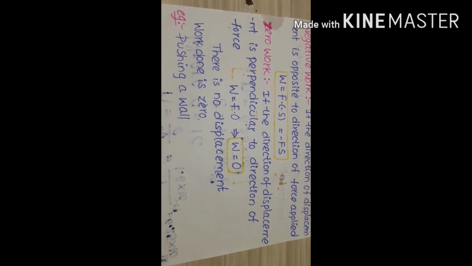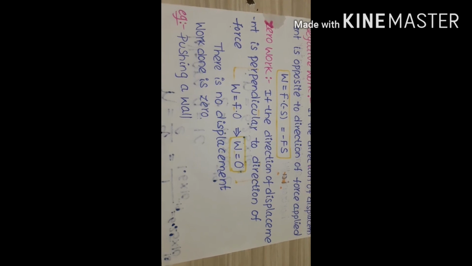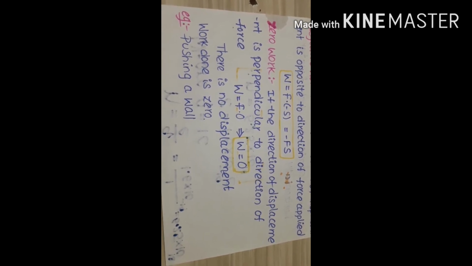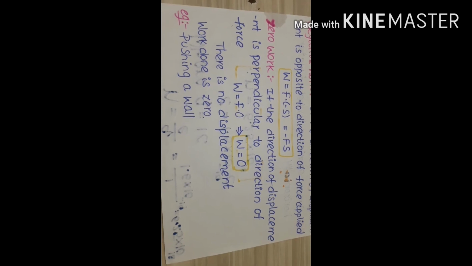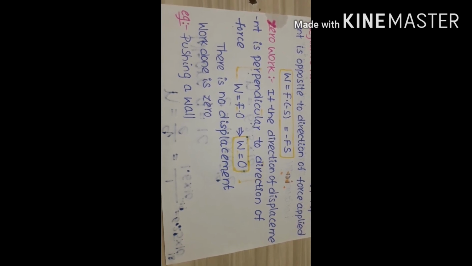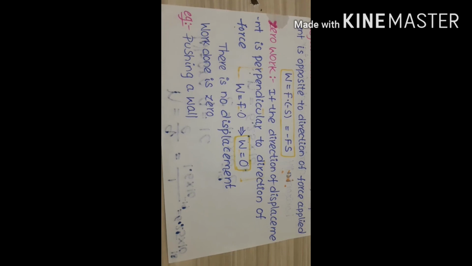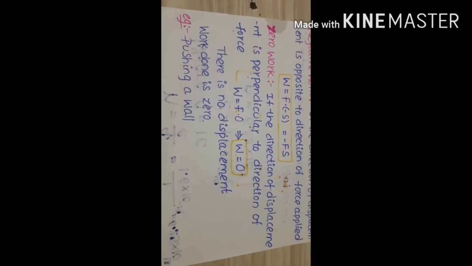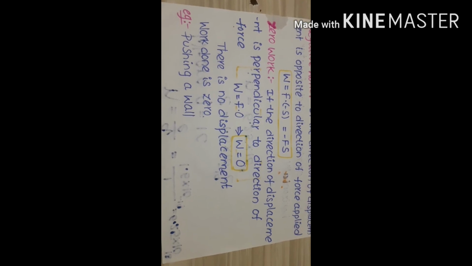Next, zero work. If the direction of the displacement is perpendicular to the direction of the force, so force and displacement are in perpendicular directions, then we can say that work is zero. Example, pushing a wall. When force is applied on a wall, it cannot get displacement.